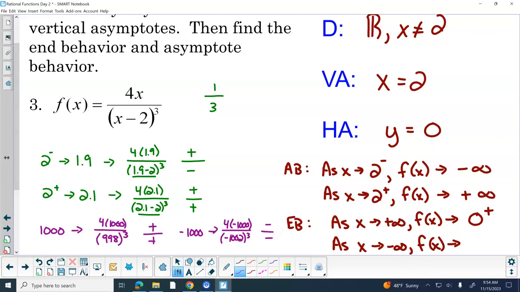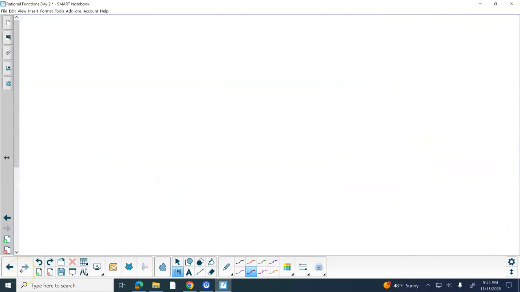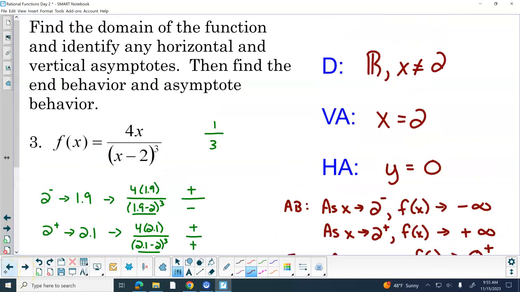Negative divided by a negative is a positive. So this one is also going to approach 0 from above. Okay. You now have enough information to get through number 3 on this week's homework. Okay? So you should be able to do 1, 2, and 3.